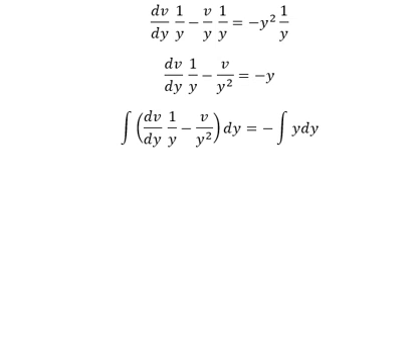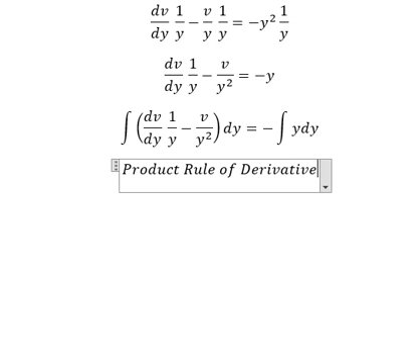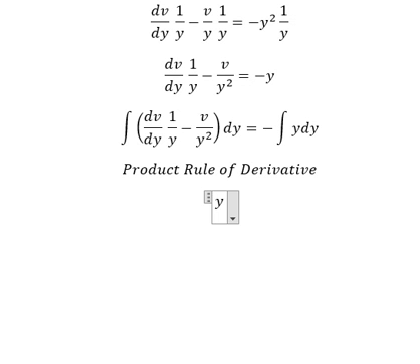Next, we can apply the product rule of derivative. So we have the first derivative of y equals the first derivative of a multiplied by b plus the first derivative of b multiplied by a.